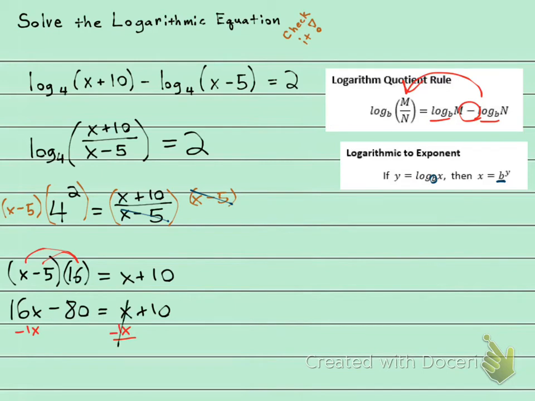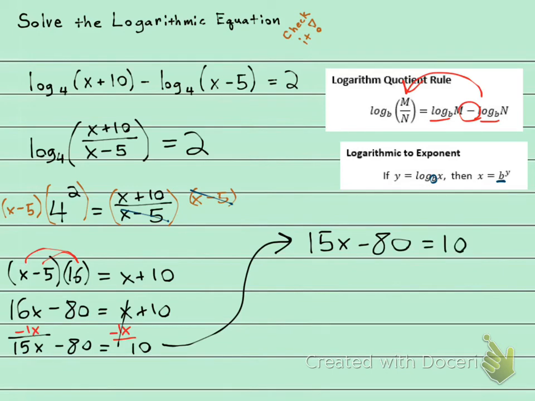So x minus x is gone. No more x's on the right. So I will have 15x minus 80 equals 10. And two more steps to solve for my x. I need a little more space, so I'm going to bring this right here. 15x minus 80 equals 10.